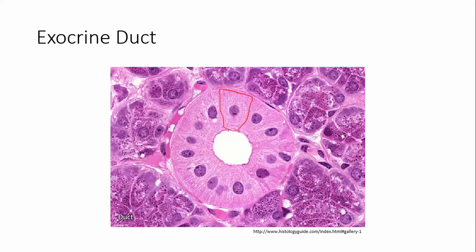This is one cell. That dark spot is its nucleus. Traditionally, when we're looking at these images, the dark spots tend to be nuclei. So this looks like it's a nucleus, this looks like it's a nucleus, and this looks like a nucleus. So you can start to use that to try and identify individual cells.